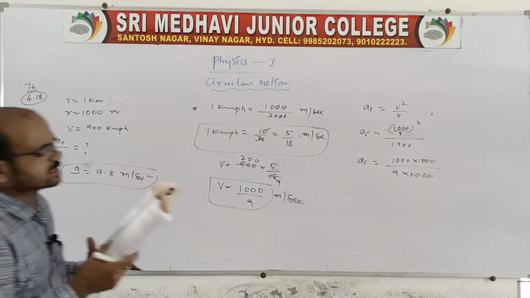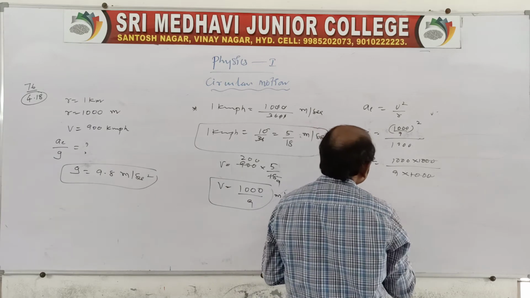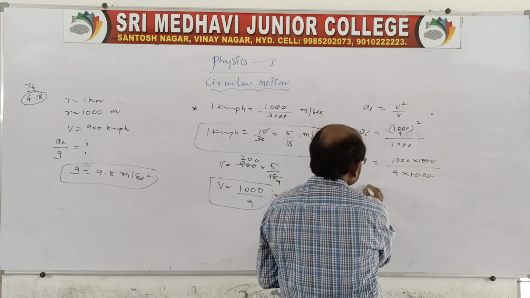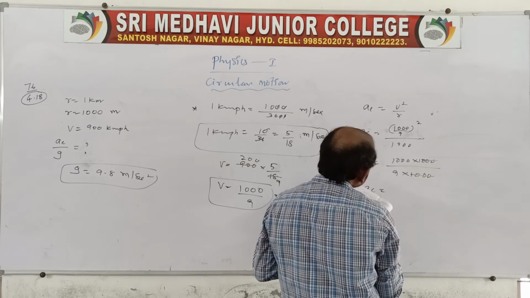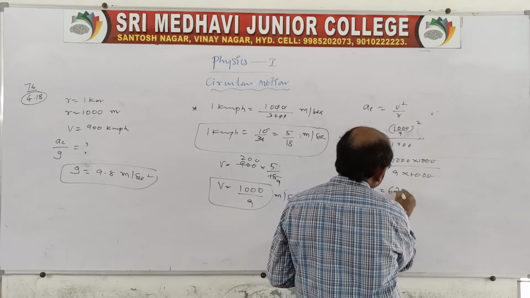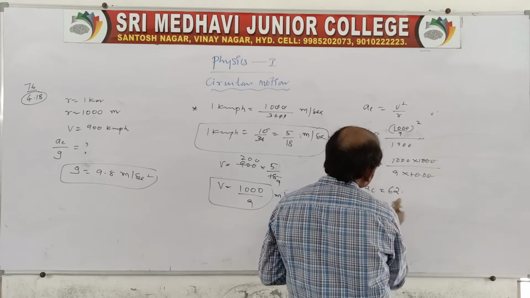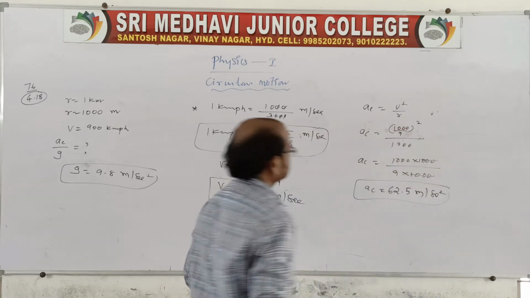If you simplify this, approximately we get AC is equal to 62.5 meter per second square. This will be the centripetal acceleration.